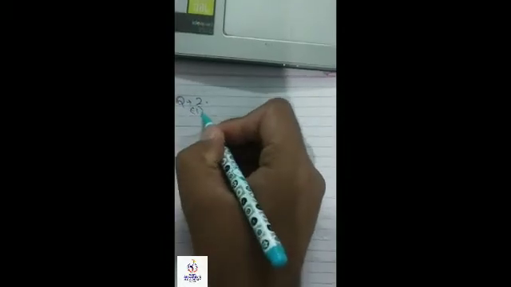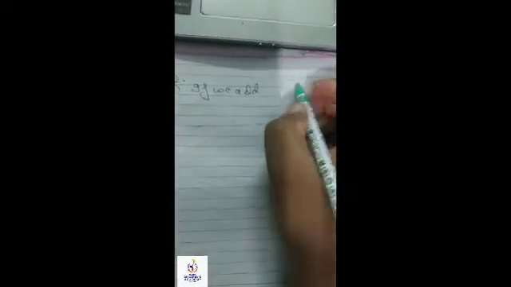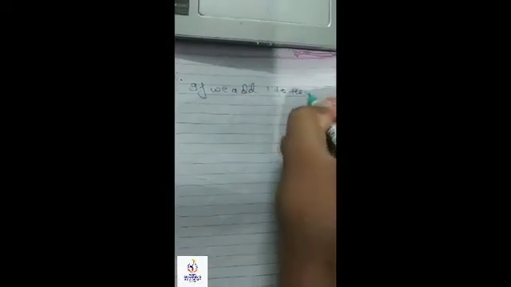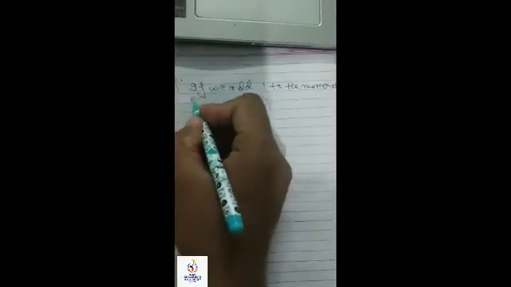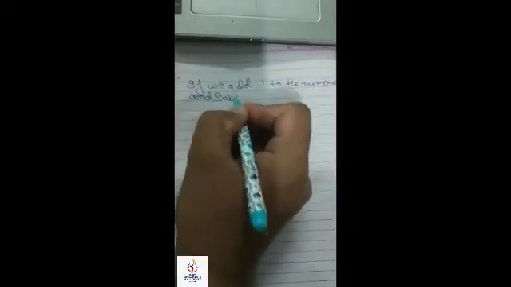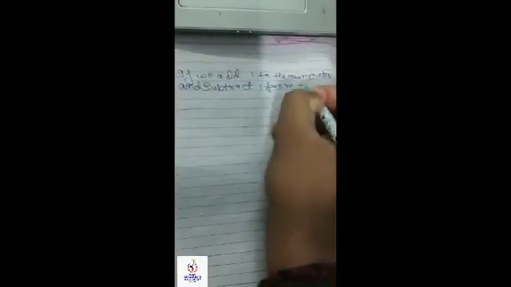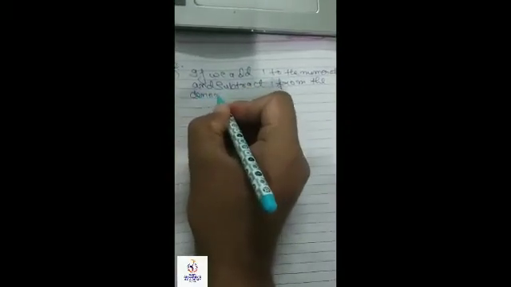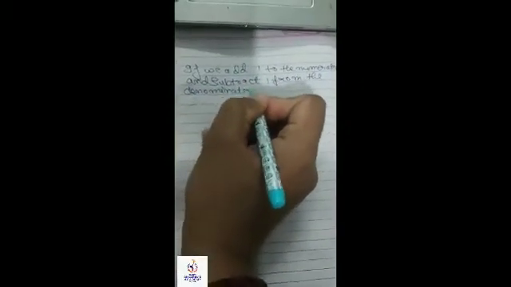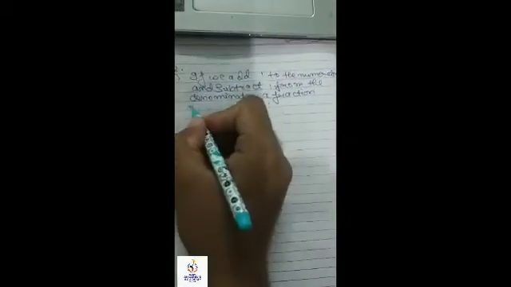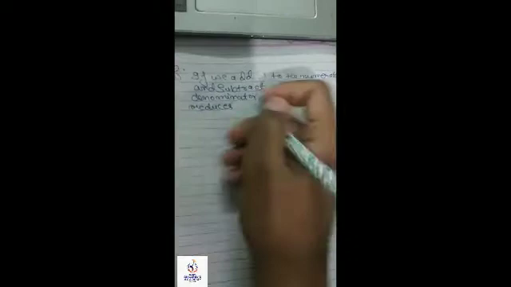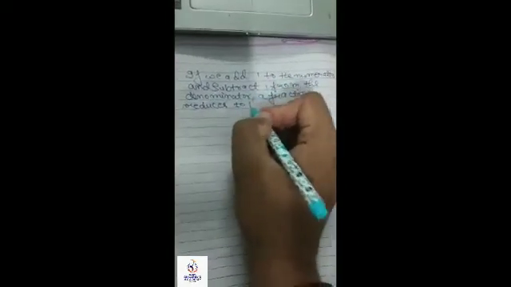So question 2, first part is given as: if we add 1 to the numerator and subtract 1 from the denominator, a fraction reduces to 1.